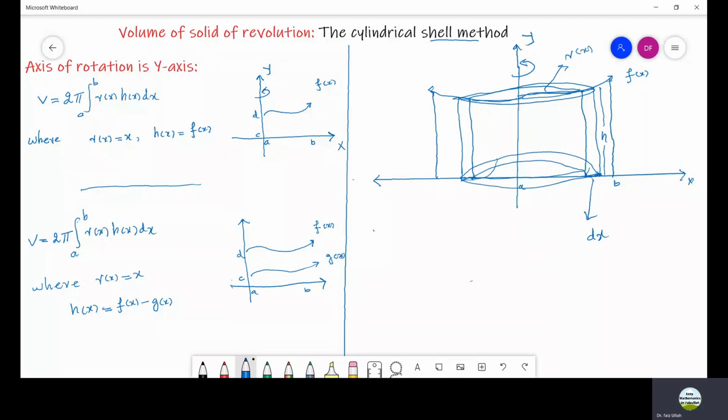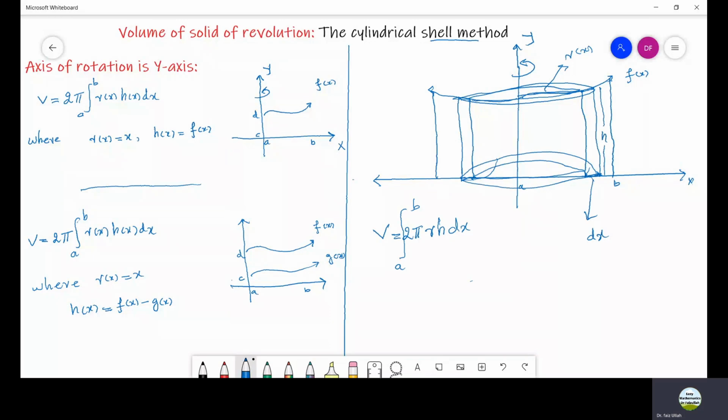So the volume of the cylinder is equal to the circumference of this cylinder, which is 2 pi r, times the height of the cylinder, which is h, times the thickness of the cylinder, which is dx. And now if we integrate it from a to b, we get the volume of this solid.